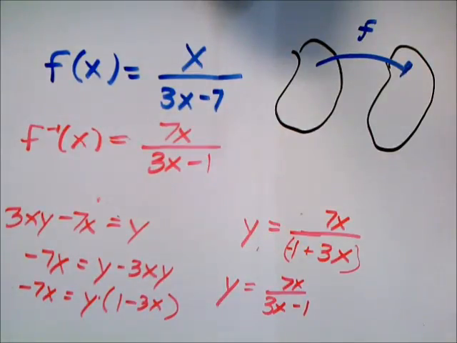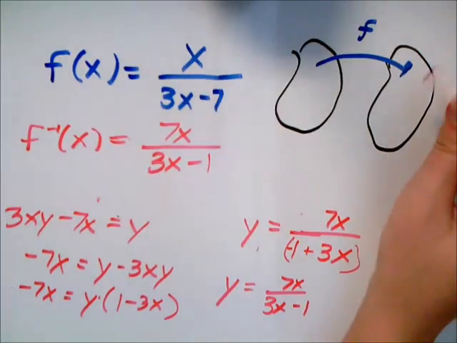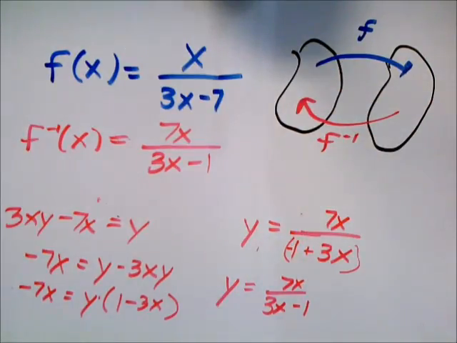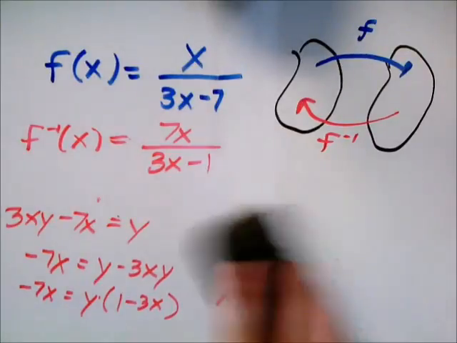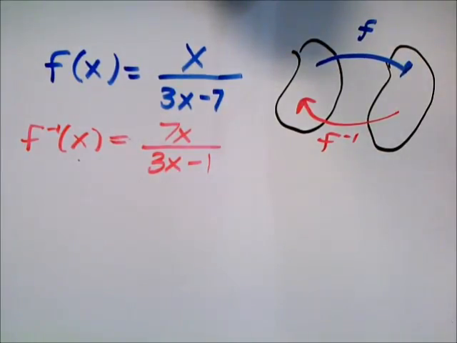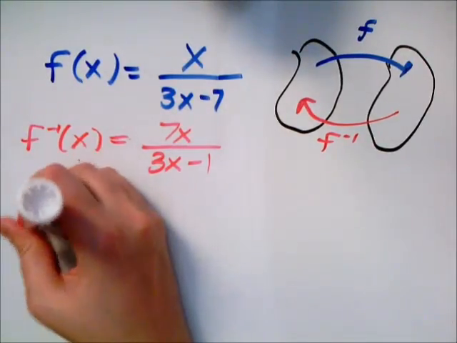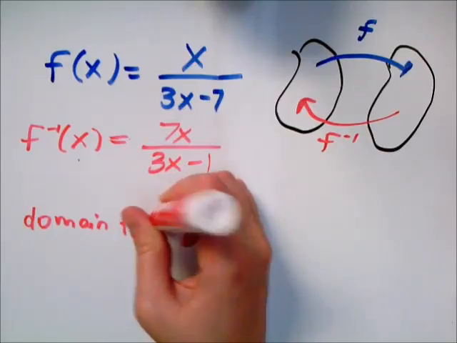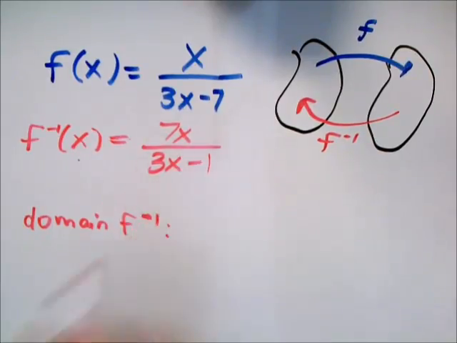All right, then think about what our inverse does. The inverse goes the opposite way, takes all the things from the range of the original function back to the domain. So if they want the domain of f inverse, the domain of this function we just came up with, what's the only number we can't put in there?